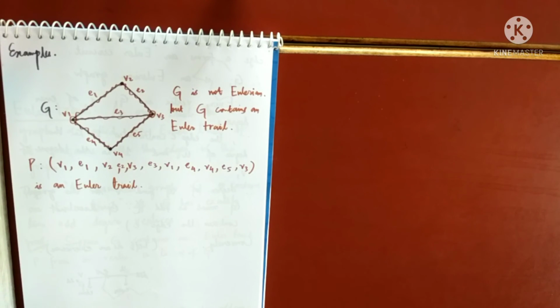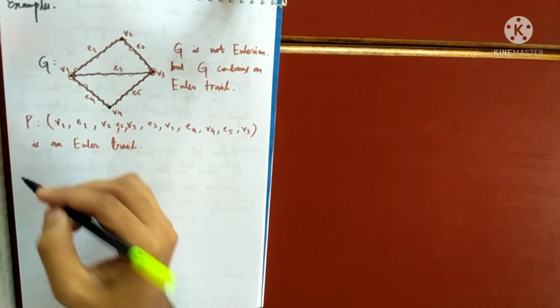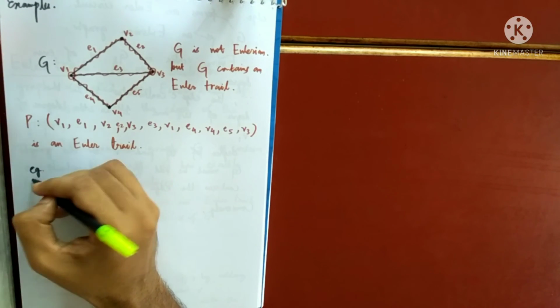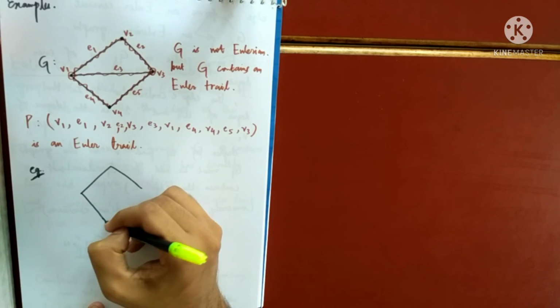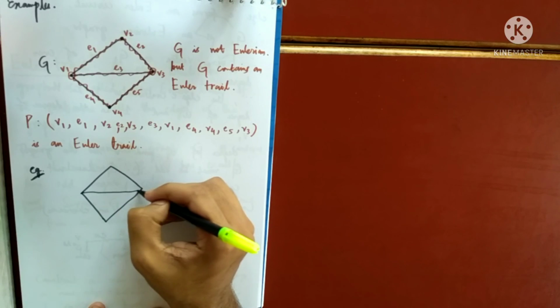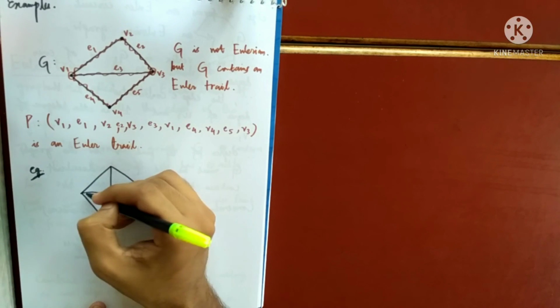So when will that not contain an Euler circuit? When you have at least one vertex having an odd degree. So what is my point? For this example, let me draw a three-regular graph. This is not a vertex, okay?